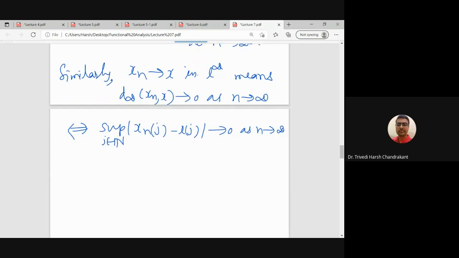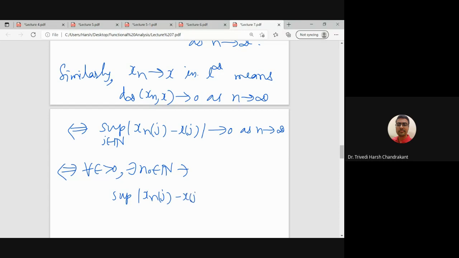So now any sequence converging in the sup norm, what does this mean by definition? This means that for every epsilon greater than 0, there exists n naught belonging to the natural numbers, such that the supremum of xnj minus xj is less than epsilon for all n greater than or equal to n naught.